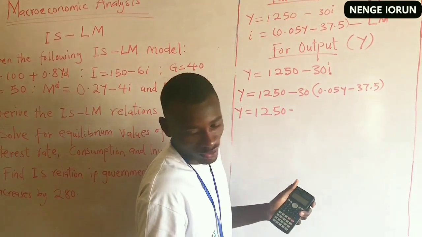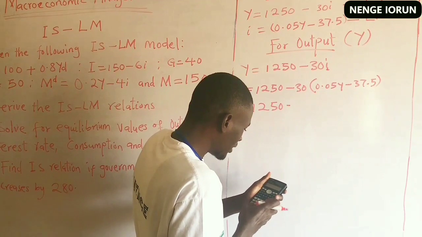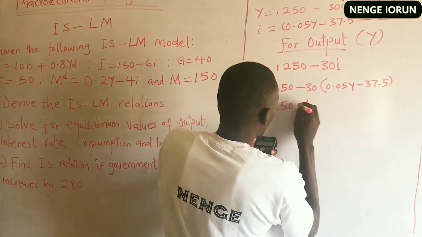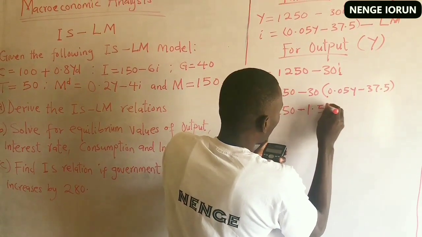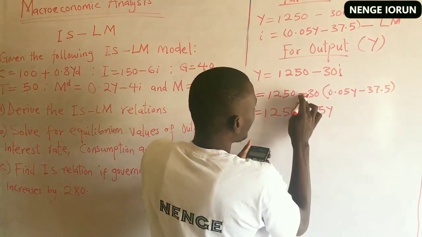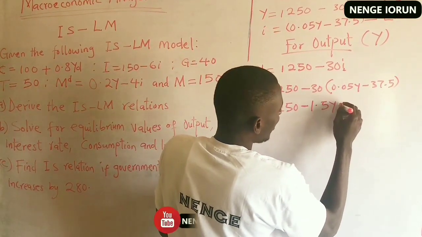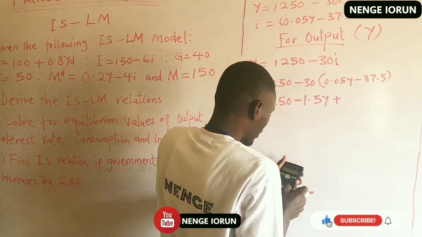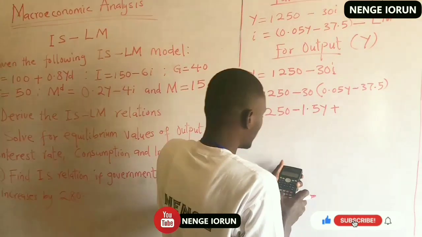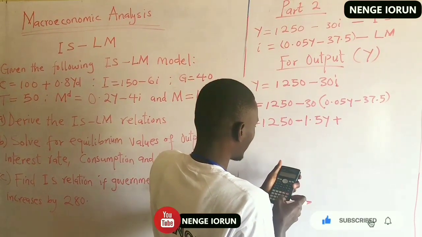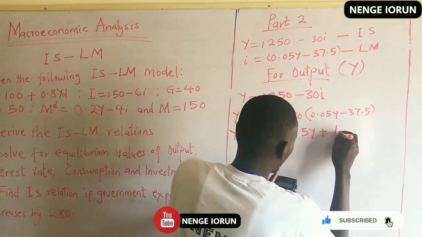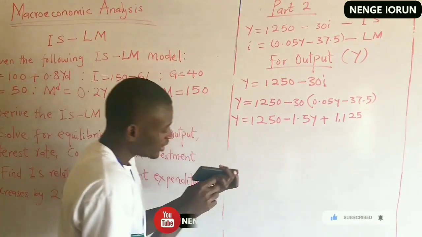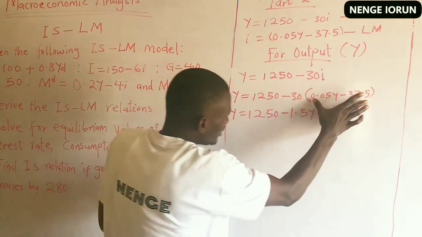Use your calculator so that you don't make mistakes. 30 times 0.05 gives 1.5Y. Then negative times negative gives positive, then 30 times 37.5 is 1125. So we have succeeded in clearing this bracket.